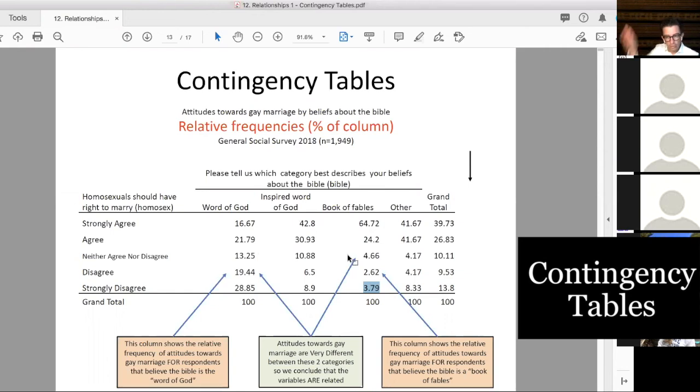As you move your beliefs about the Bible, your attitudes change. So that is a relationship. When these differences are big, it's a strong relationship. When there are no differences, when they're all identical, then there's no relationship at all. When there are small differences, the relationship is weak.